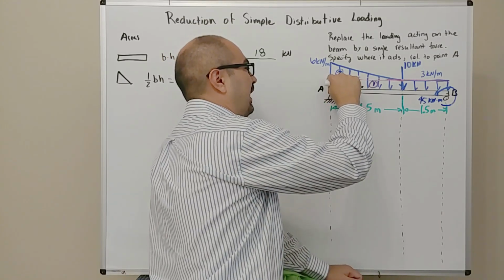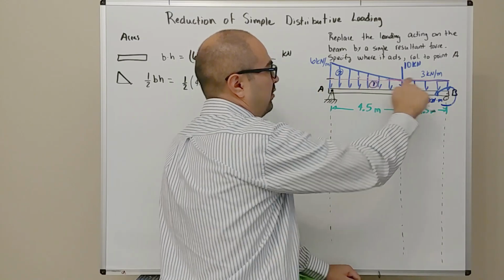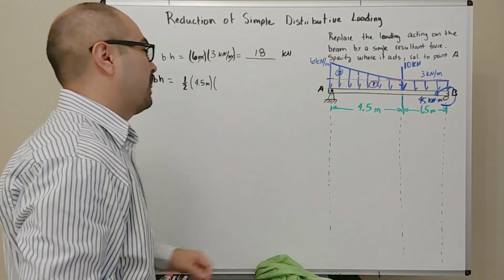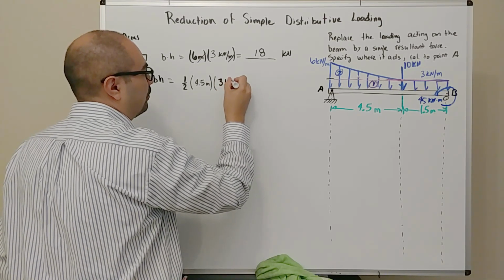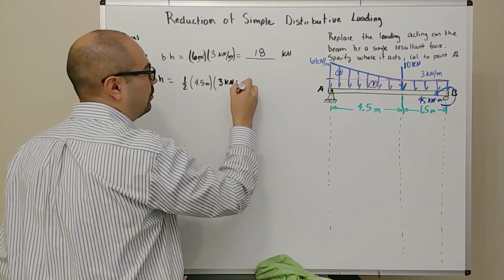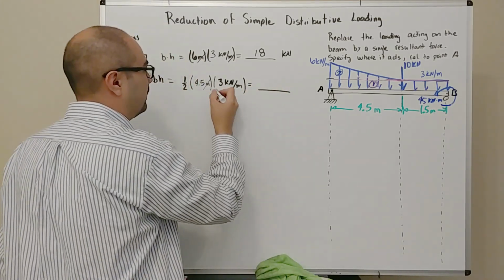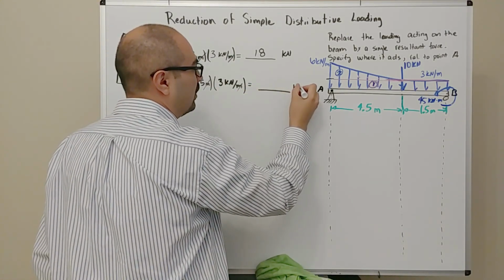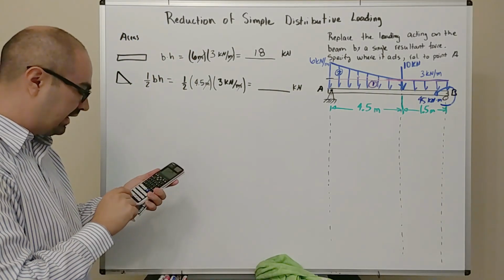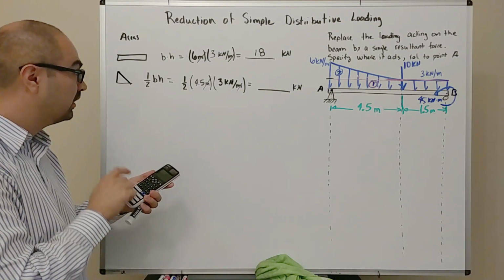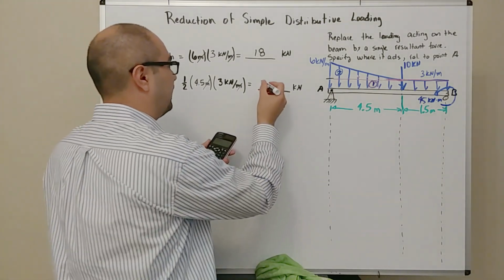So really the height of the triangle is from this point up. So 6 minus the value of this point, which is 3, is going to be 3 kilonewtons per meter. Again, when we multiply, meter is going to cancel with meter, and that's going to give us an answer in kilonewtons. So 0.5 times 4.5 times 3 gives 6.75.